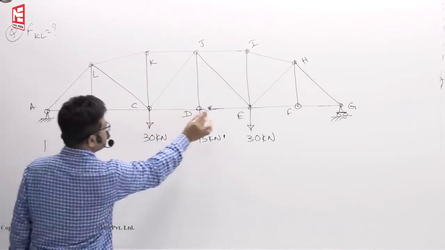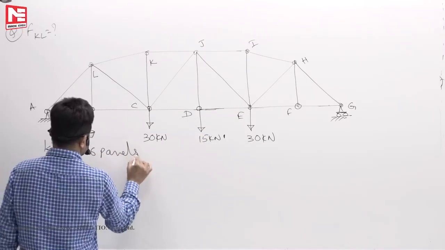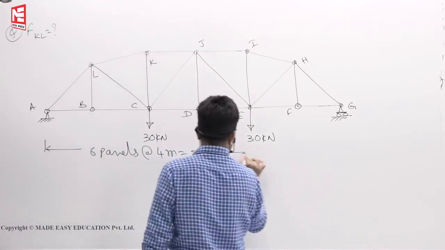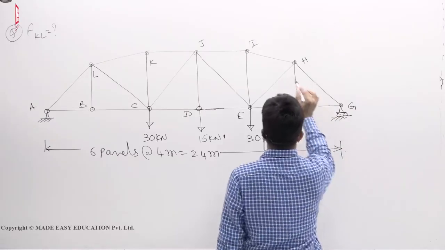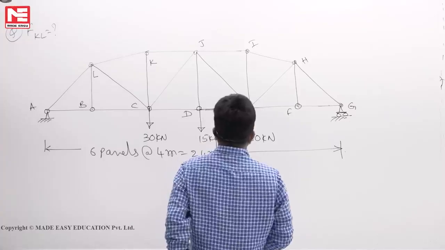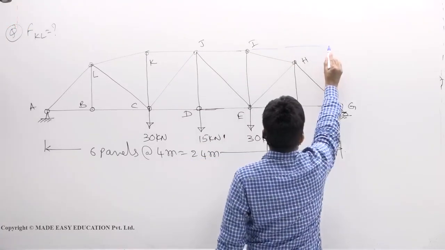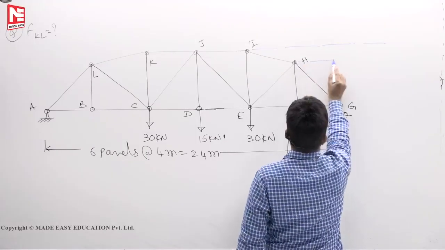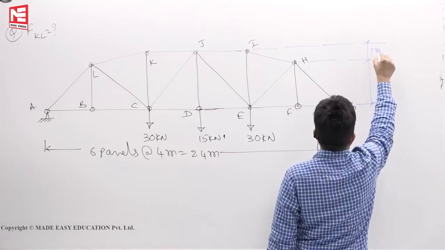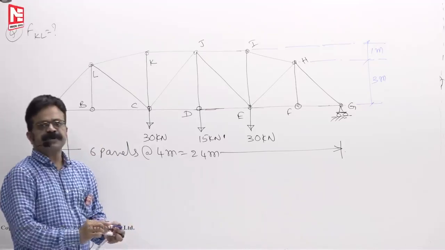We have 1, 2, 3, 4, 5, 6 panels, 6 panels at 4 meters. Let us say the total length is 24 meters. Now, this height is 1 meter, this is say 3 meters. Okay, this is our problem.